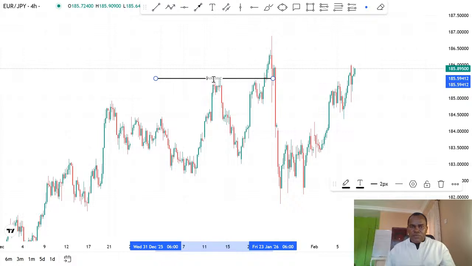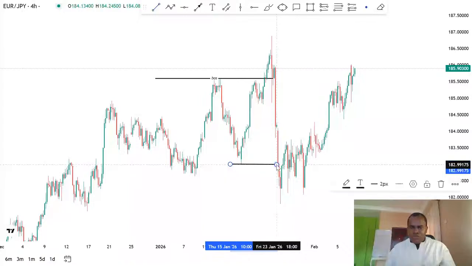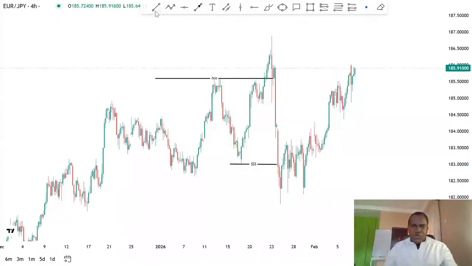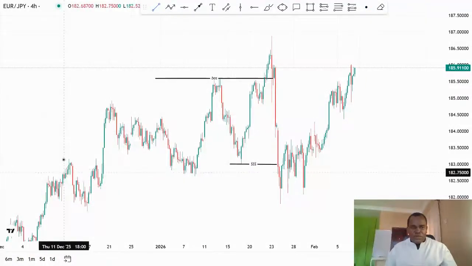I have it here. Then I have my support. But of course, this support is an inducement point. And then I have another node down here. Another structure here.